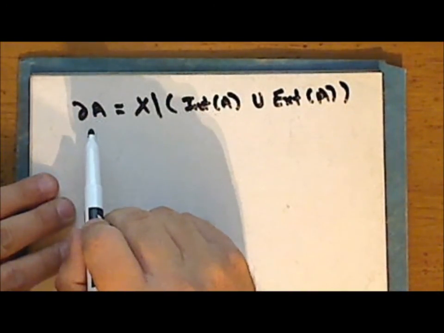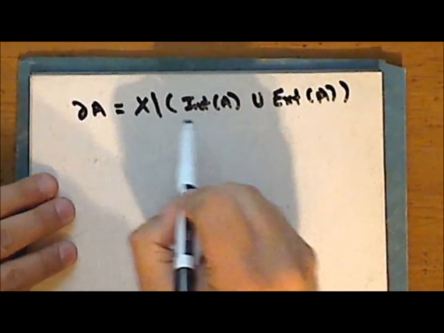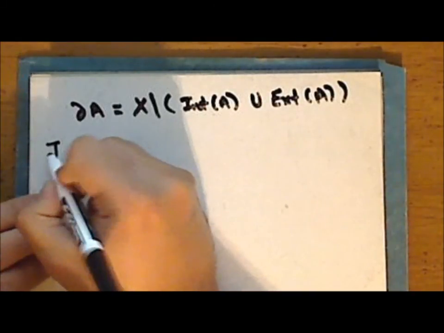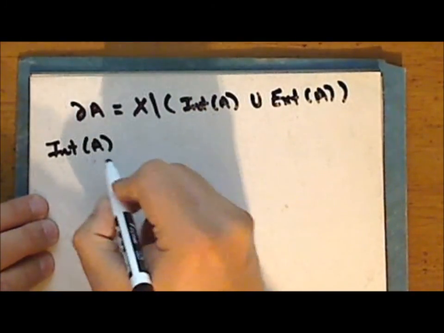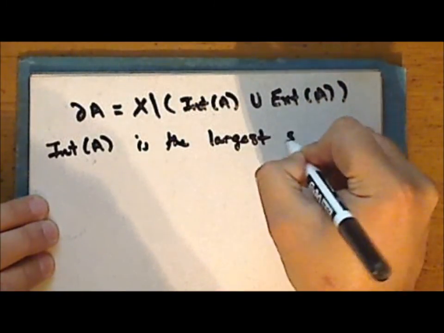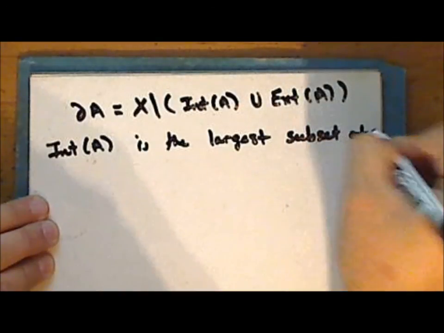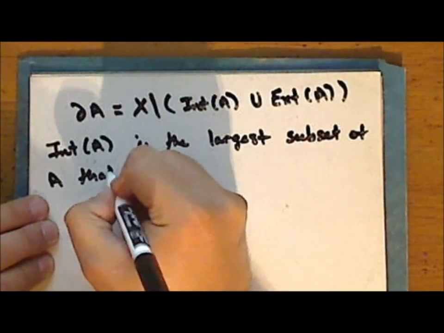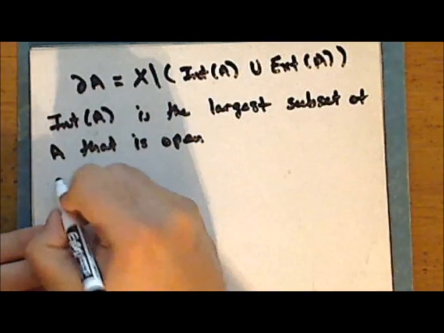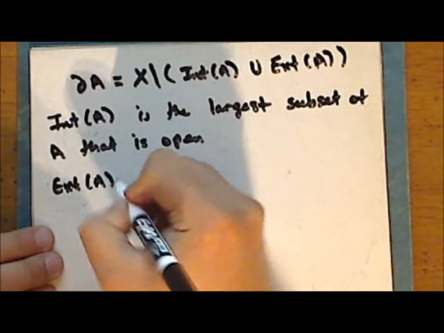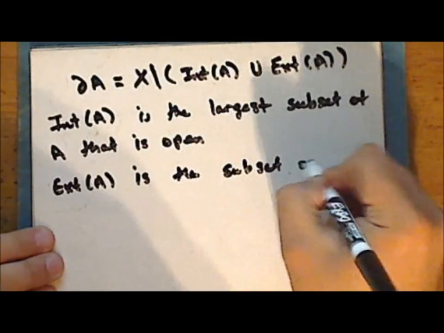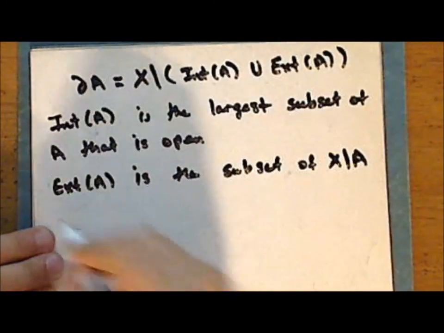The boundary is a closed set since its complement is the open set, which is the union of two open sets, where the interior of the set A is the largest subset of the set A that is open. The exterior of the set A is the subset of the complement of the set A that is open.